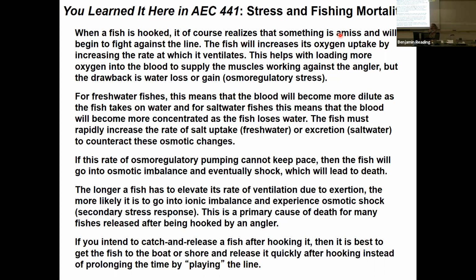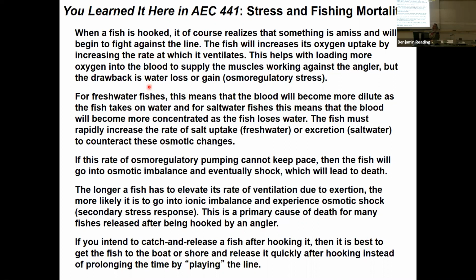Now that fish is going to increase its oxygen uptake by increasing the rate at which it ventilates water over its gills. It's going to increase the rate at which it pumps blood into its gills to get oxygen. And then that blood circulates to the muscles that are working to swim against you, reeling it in.